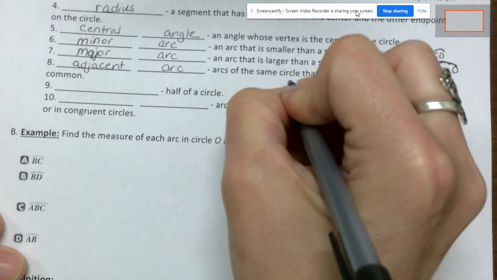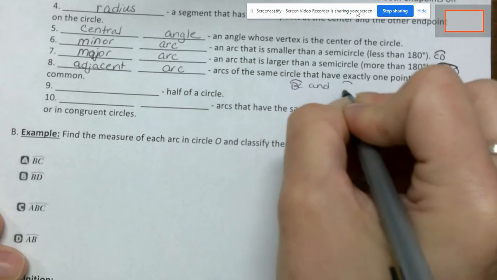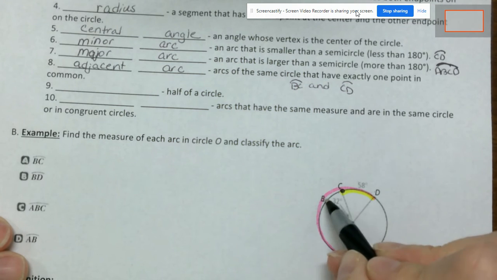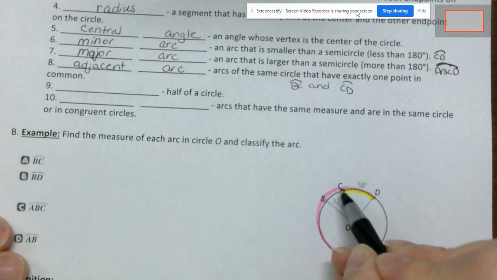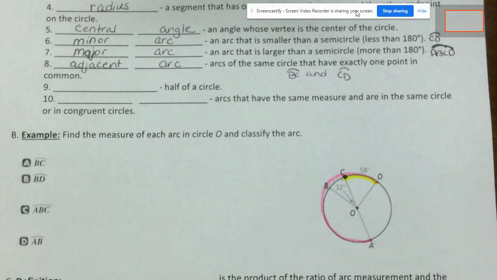Notice they share this point C right here. Arc BC and arc CD are adjacent to each other. And remember, just think about what the word adjacent means. The word adjacent means side by side. So when you have adjacent arcs, that means that those arcs are side by side, okay?